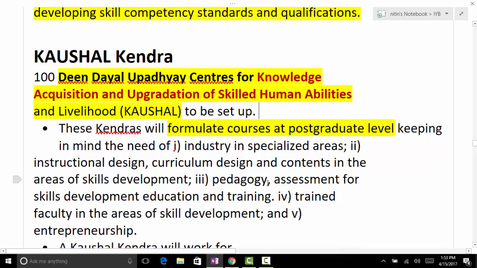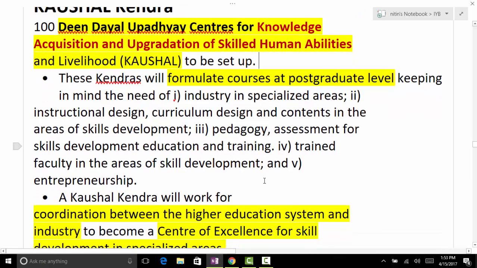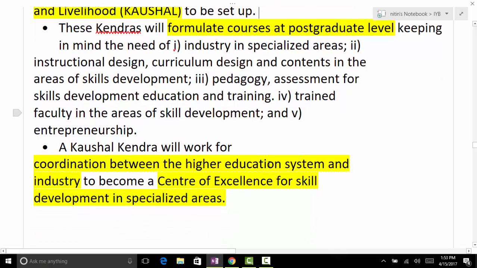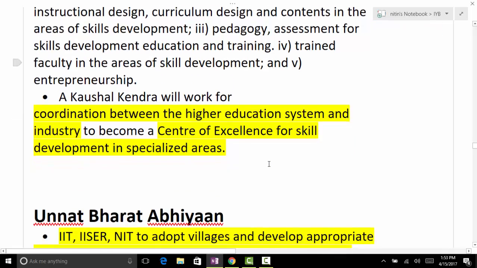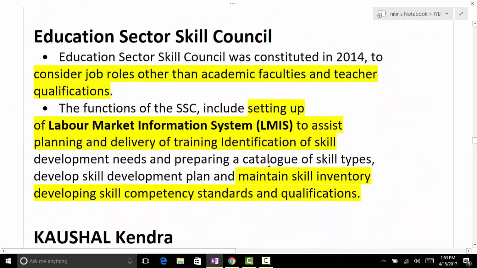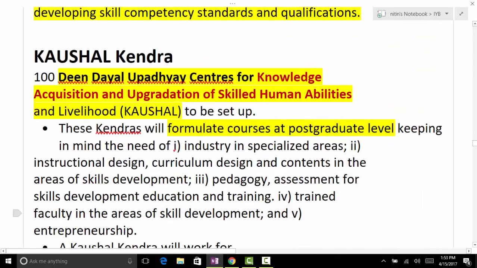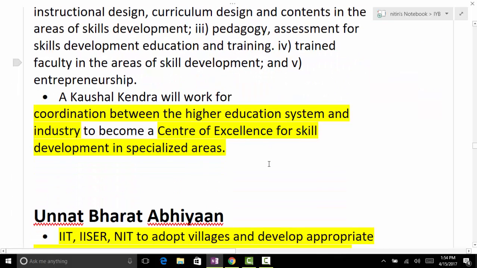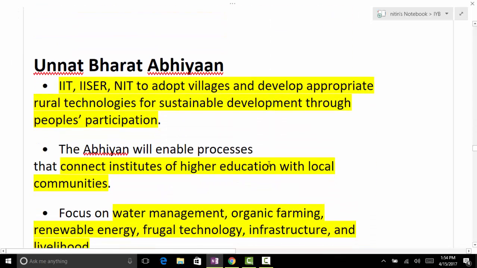Courses at PG level. So here the PG level higher education system will be integrated with the industry, kind of skill required in the industry, and helping them to acquire those. Right? So Kaushal Kendras for PG level, and helping them to get the kind of job roles, job skills that is required by the industry. So bringing the higher education system in line with the industry.